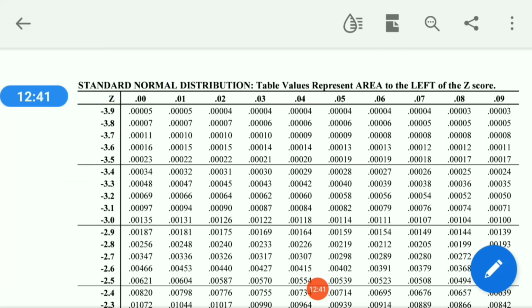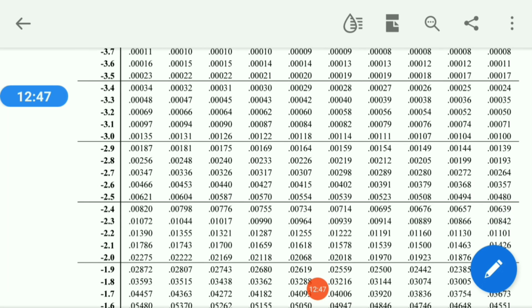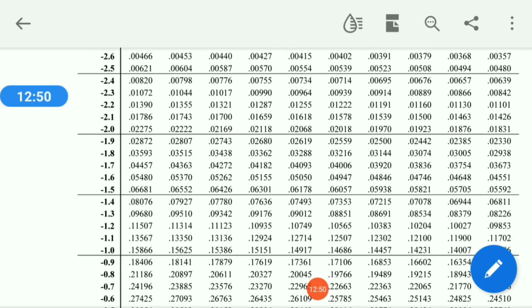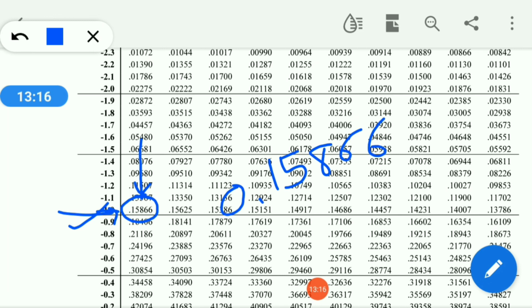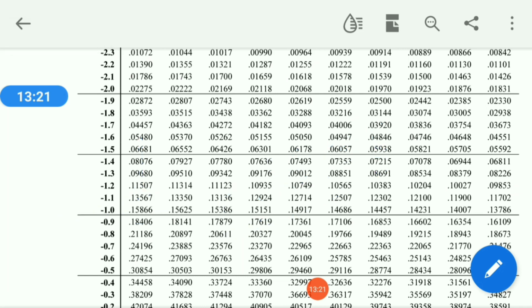Find where minus 1.0 is, the corresponding column 0.00, and the intersecting value of these two is this, 1.00 and 0.00. The corresponding point is your probability, that is 0.15866. So this is your probability value.